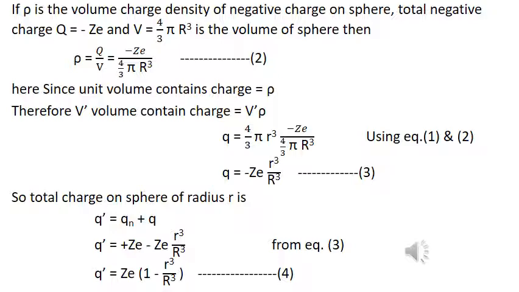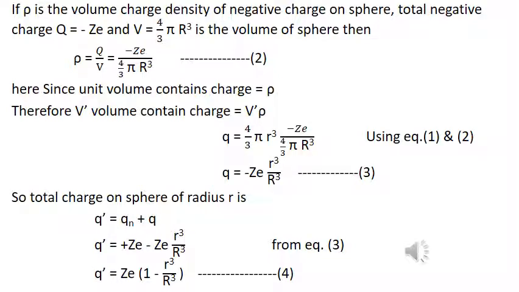Now the total charge enclosed by the Gaussian surface is equal to the sum of the charge on the nucleus and the negative charge present inside the Gaussian surface which we have drawn in the figure.